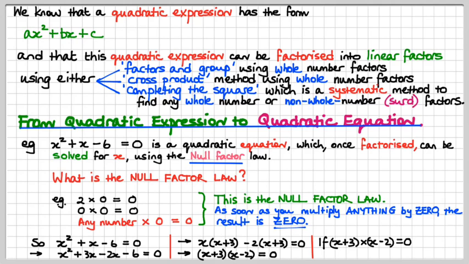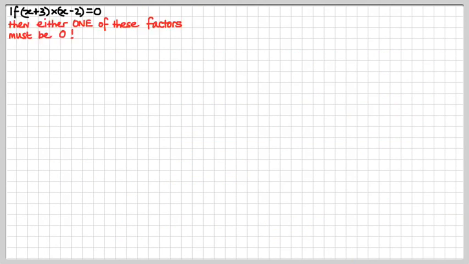Now we're going to use this new fancy law. We're saying that if this little beastie x plus 3 times this other little beastie x minus 2 equals 0, then one of them must have been 0 according to this marvellous law up here. Okay? So if that's the case, we can say that either one of them has to be 0.